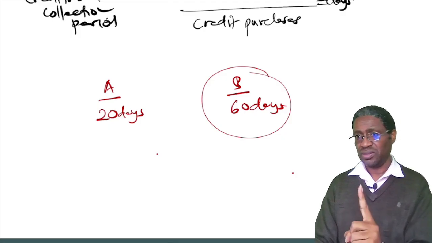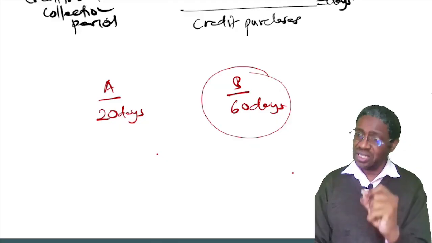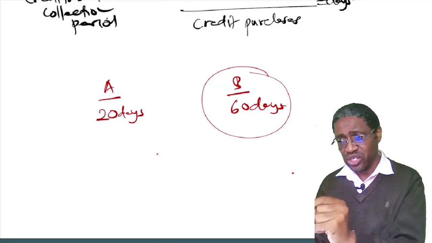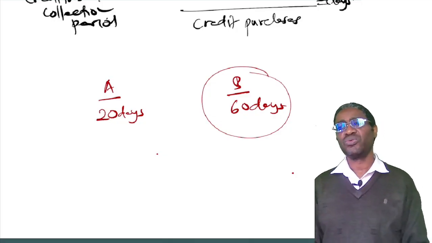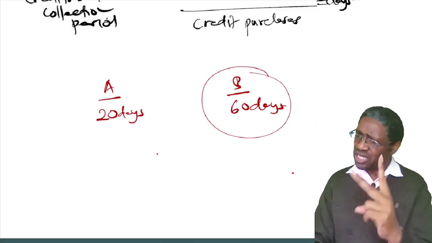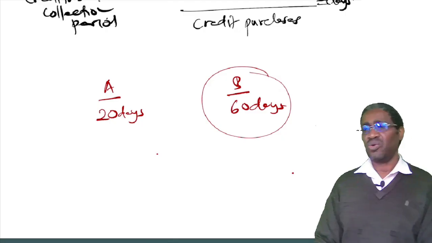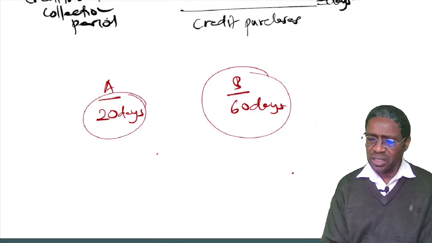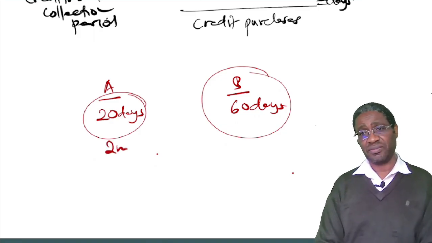Two, look at company A. Company A has already paid their 2 million to the supplier by the 20th day.